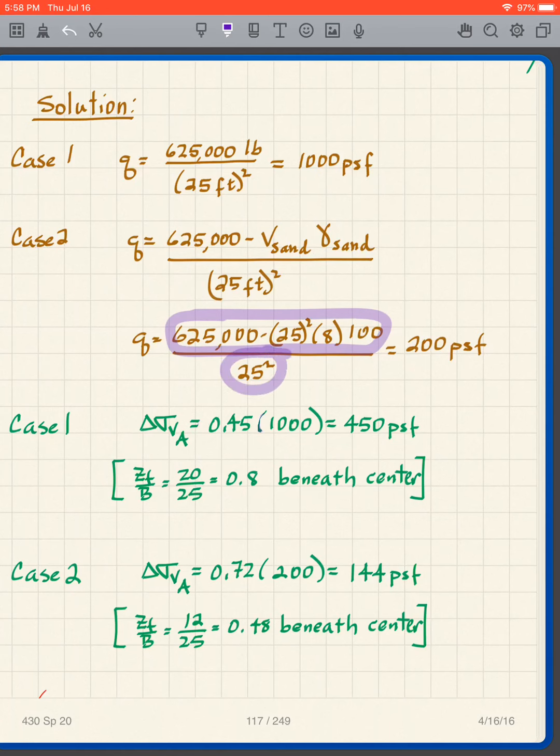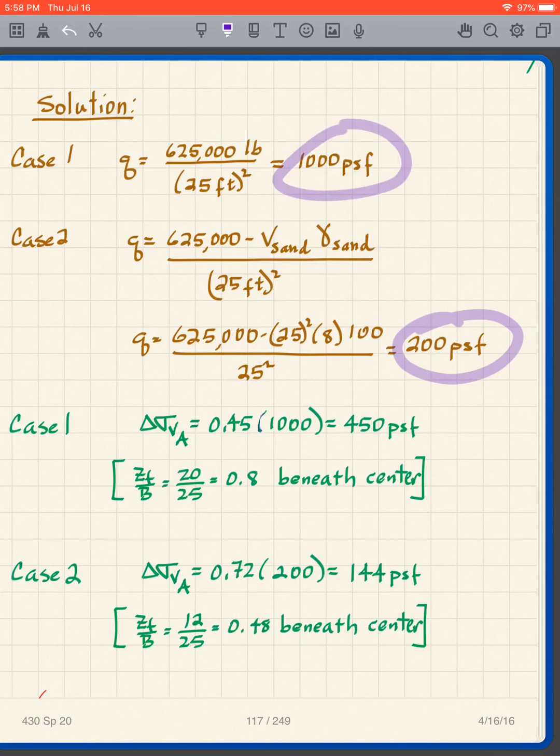And I divide that by the area. So I get 200 PSF. Quite a bit less than the 1,000 PSF. So that is another impact of this, is that by putting in a basement, you've reduced the stress that the underlying soil is getting.